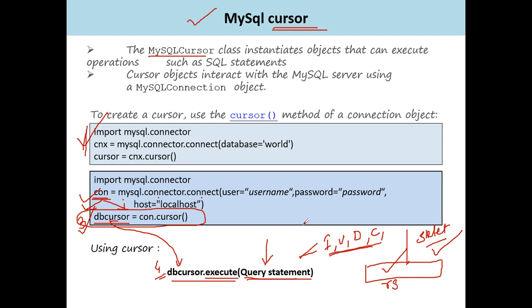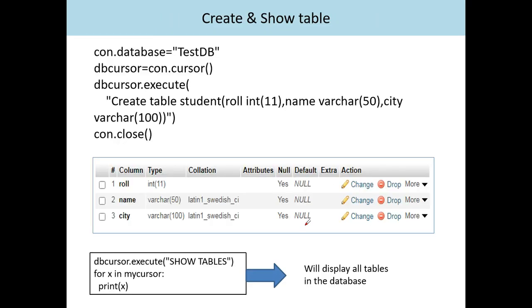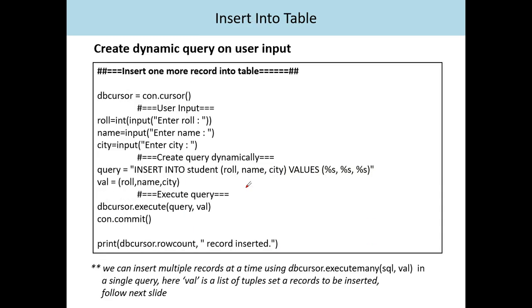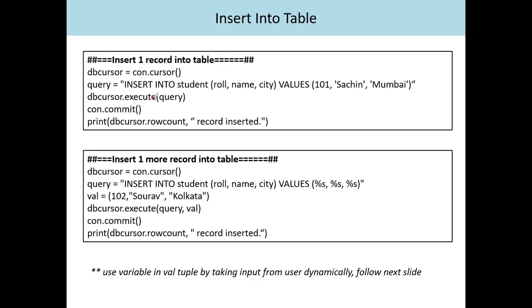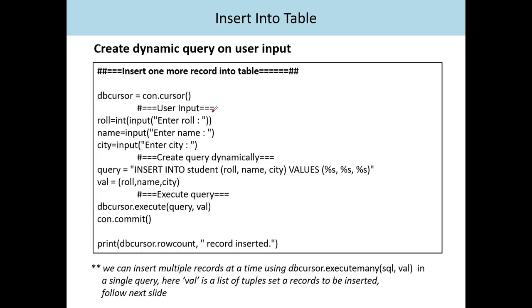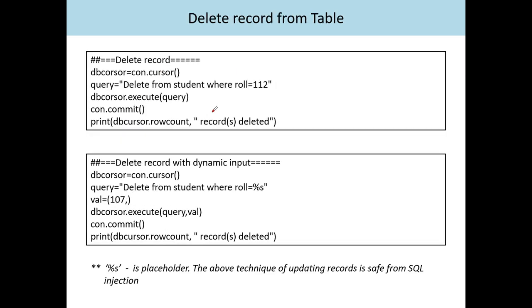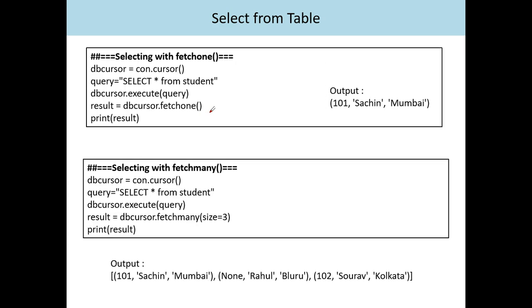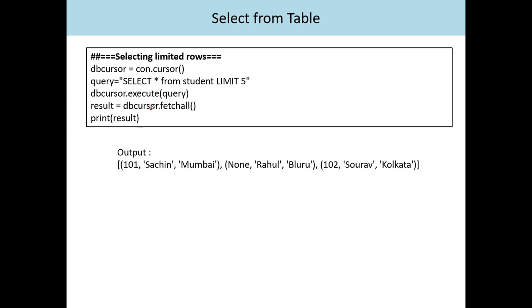How, we will see in our live example, but see here, all these things have been given. How to insert table, delete table, everything is there. Select, this is the way how you can select.